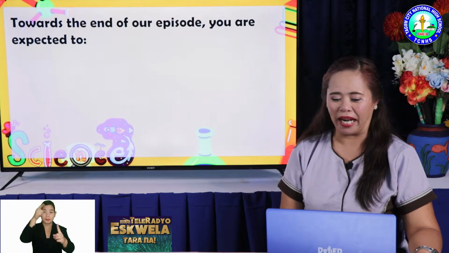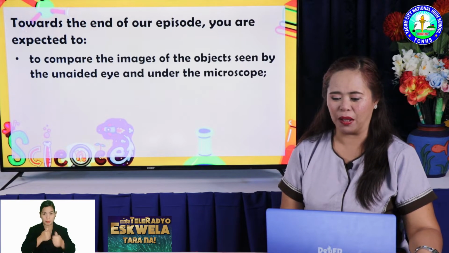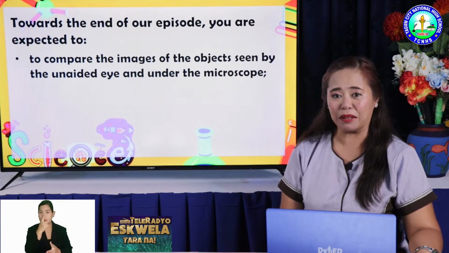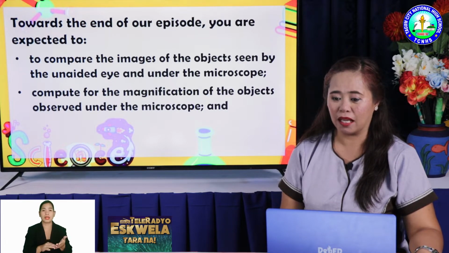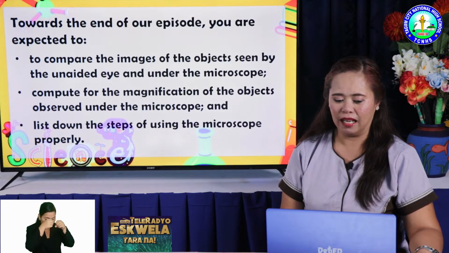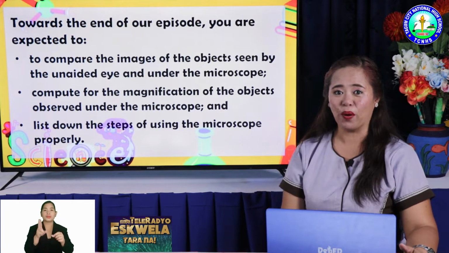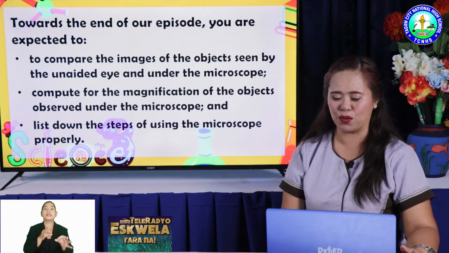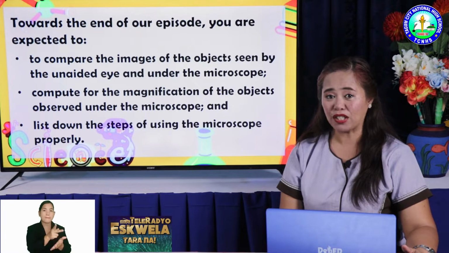Towards the end of our episode, you are expected to compare the image of the objects seen by the unaided eye and under the microscope, compute for the magnification of the objects observed under the microscope, and list down the steps of using the microscope properly. From your discussion in Module 1, you have learned about the history, parts of the microscope, and their corresponding functions.